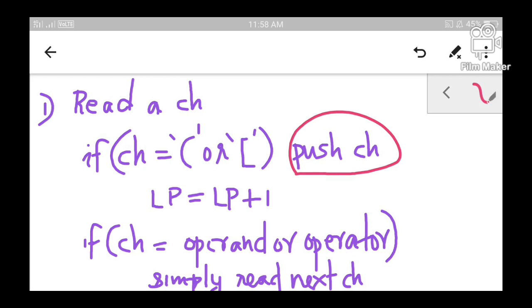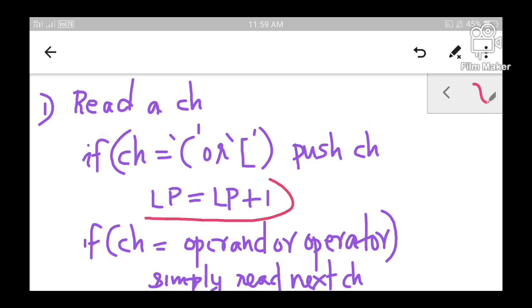Remember this step. If the character read from the keyboard is a left parenthesis, whether a normal left parenthesis or a left square bracket, simply push it onto the stack. And LP equals LP plus 1 indicates that the left parenthesis count should be incremented by 1.